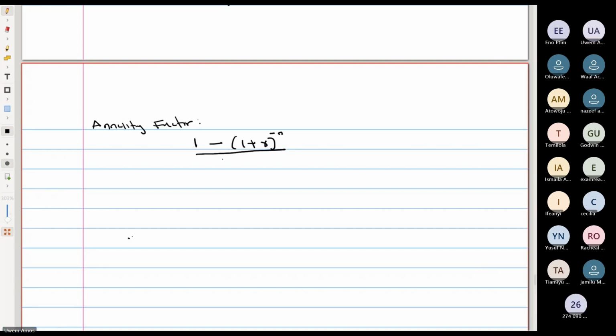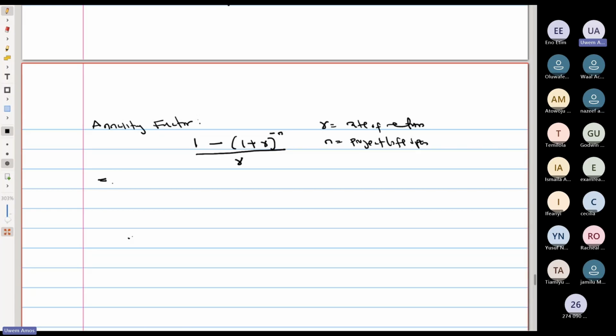So the annuity factor formula is 1 minus 1 plus the rate of return raised to the power of minus n, where n is the number of years for the project, not the inflation adjustment, divided by R. So your R is your rate of return, and your N is the project lifespan. Okay, so let's plug it in quickly to get our annuity factor for year 1 to 5.